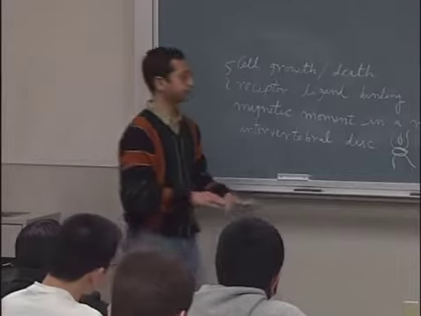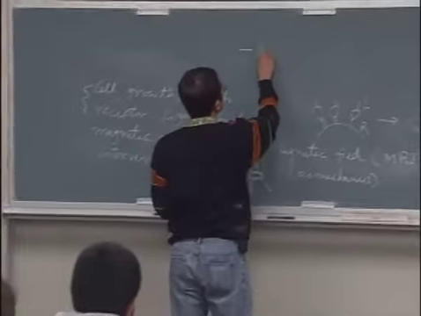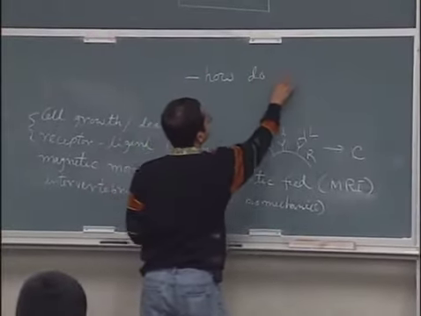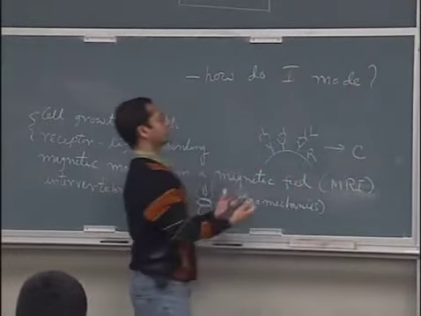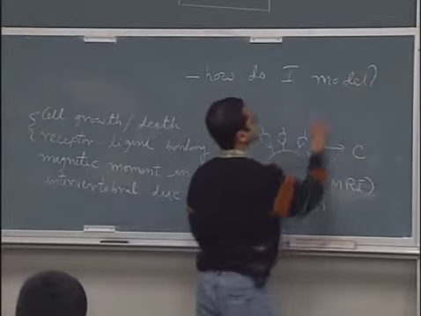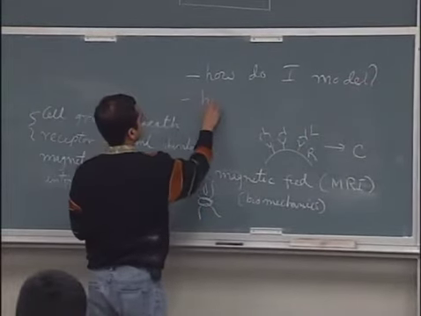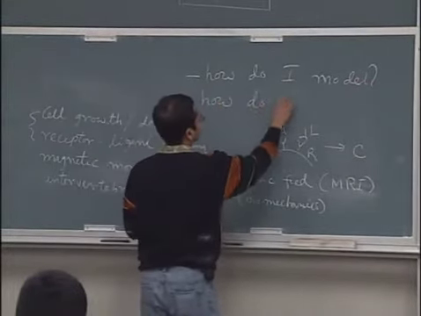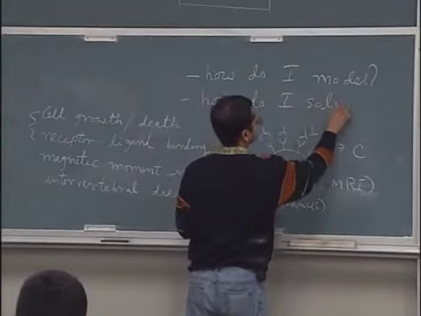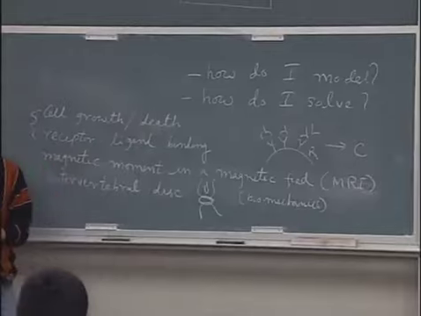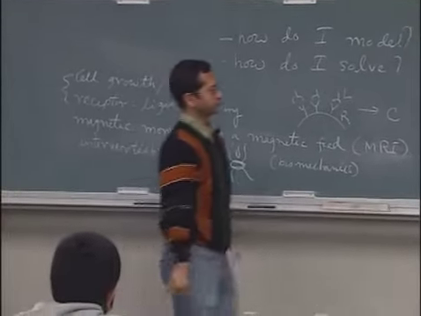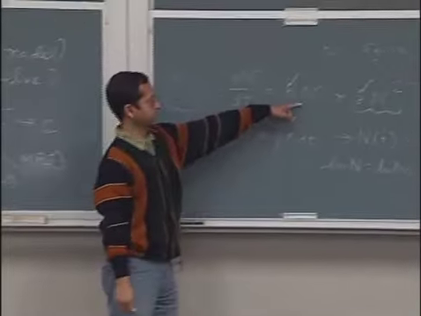So there are two challenges. One challenge is how do I model, how do I describe the system? And the second challenge is how do I solve? Okay. So for example, here the first challenge was what to write here.